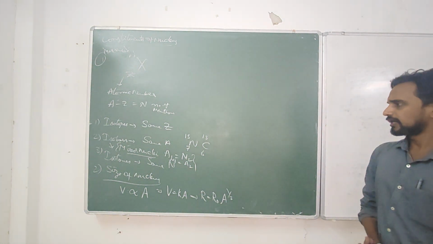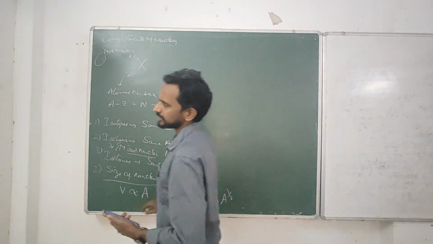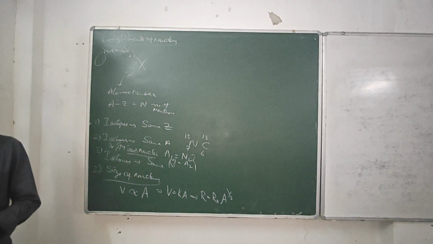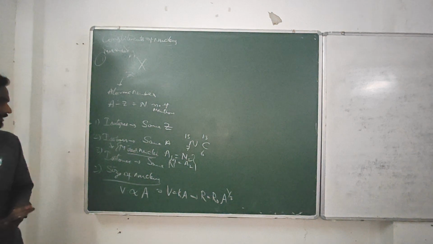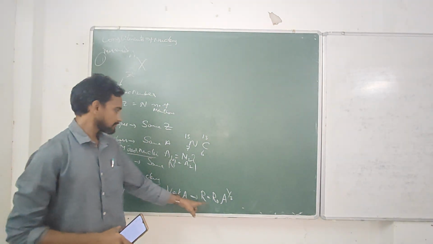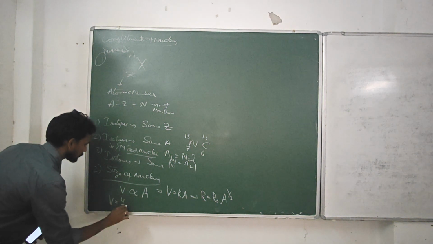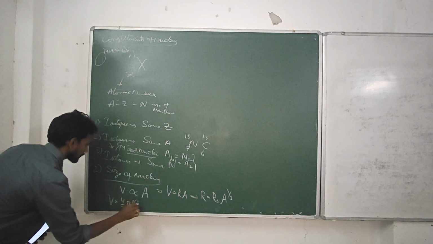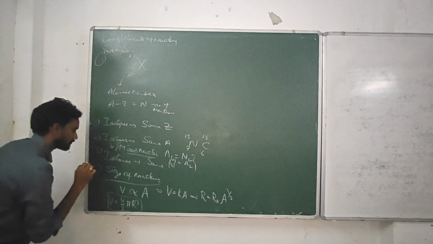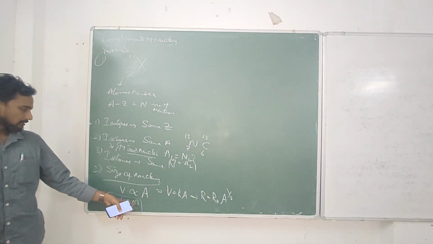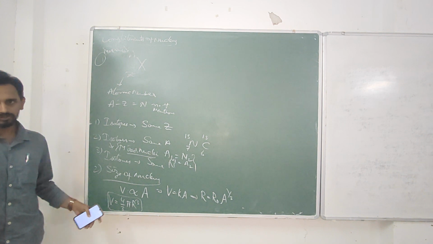Okay. So the volume of the nucleus is proportional to atomic mass. So in other words, the volume is 4/3 pi r cubed. So the radius varies as the 1/3 power of volume.